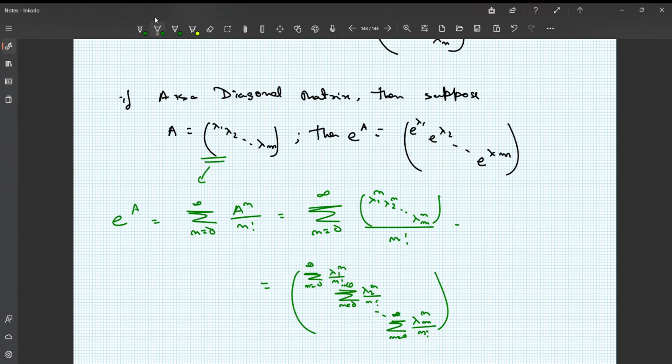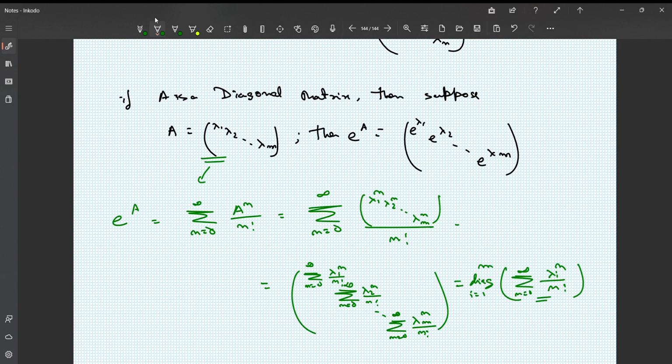So the diagonal entry consists of summation n equals 0 to infinity lambda i to the power n upon n factorial, i ranging from 1 to m, right?